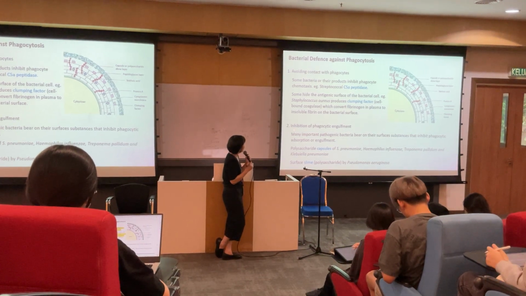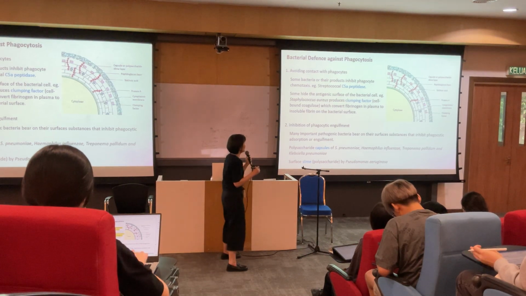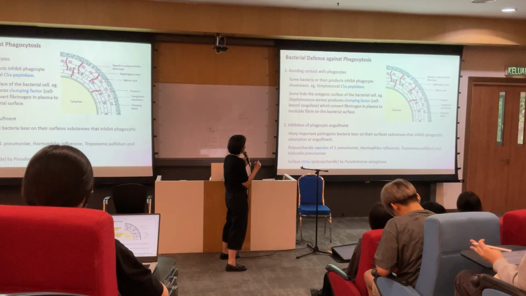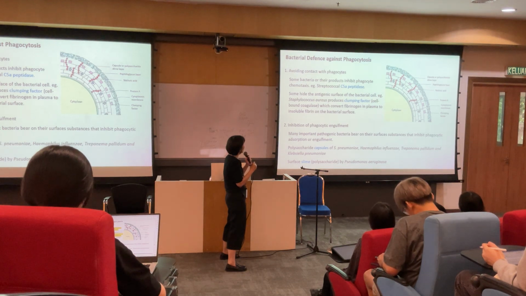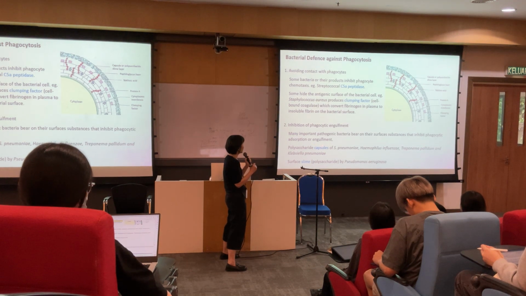Now, there is inhibition of phagocytic engulfment. How do they do that? As I just mentioned, without the opsonin, many bacteria, such as those producing a capsule, I think we learned about capsule, right?